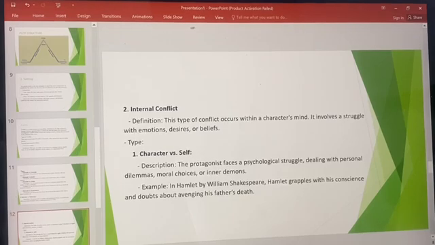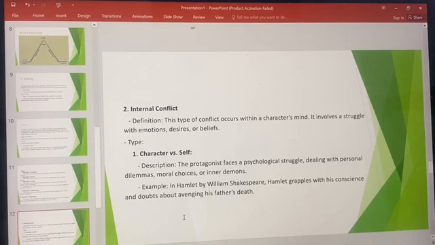We have another important conflict, which is internal conflict. This type of conflict occurs within a character's mind. It involves a struggle with emotion, desire, or belief. We have types of internal conflict, like character against self, a person who is against himself.